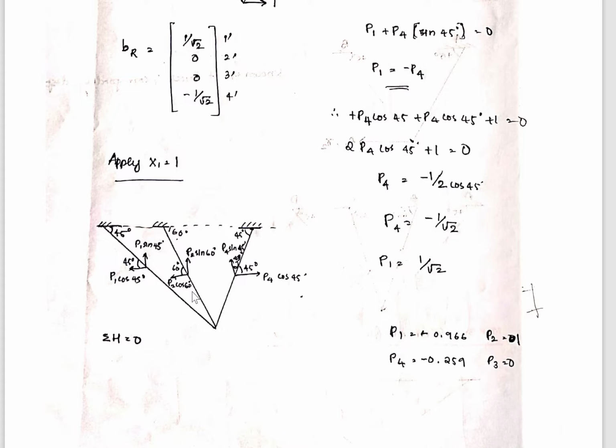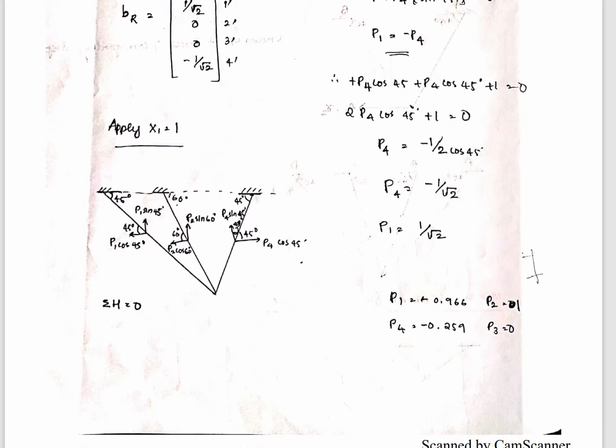Again, the force in the member AE is taken as P1, force in the member BE is taken as P2, and the force in the member DE is taken as P4. So here apply P2 is equal to 1. So when you solve this using method of joints, we get P1 is equal to minus 0.966, P2 is equal to 1, which we had applied.